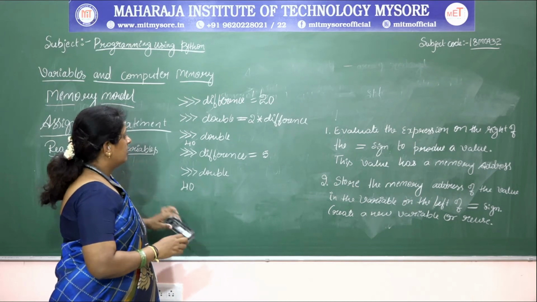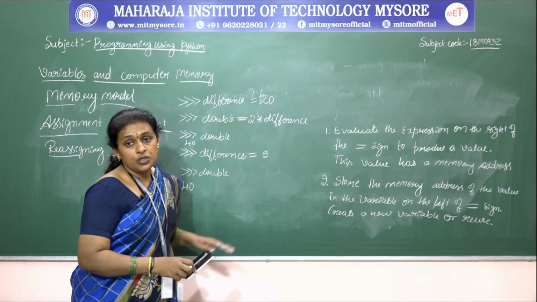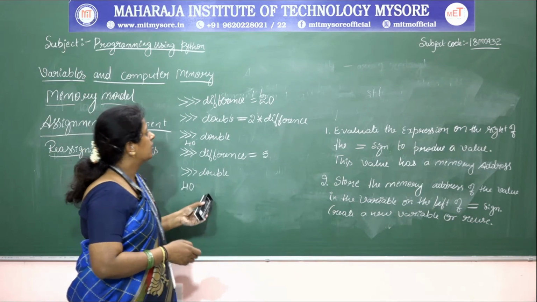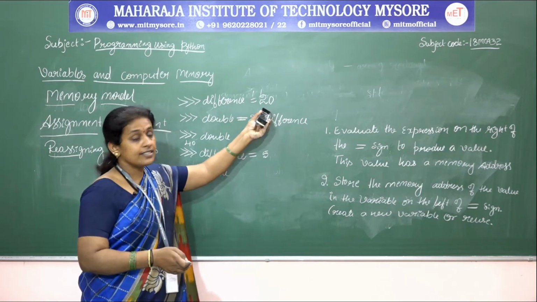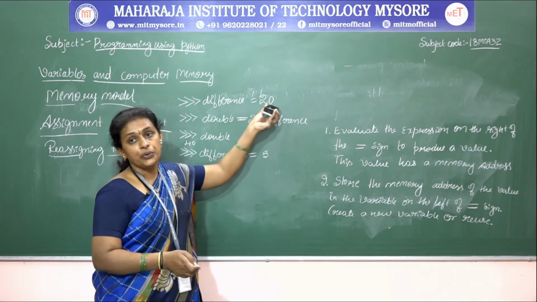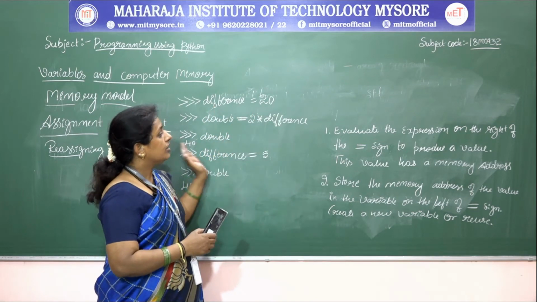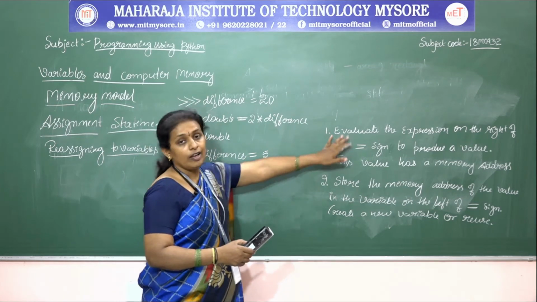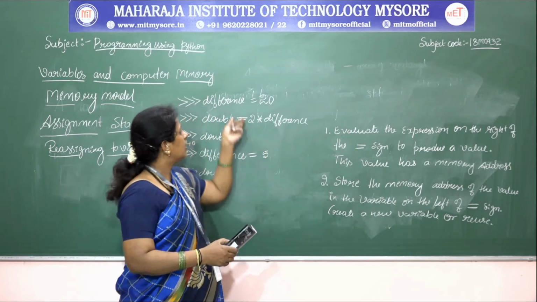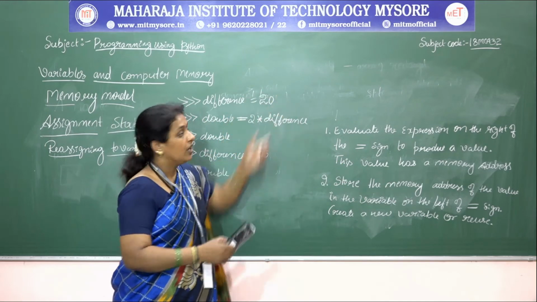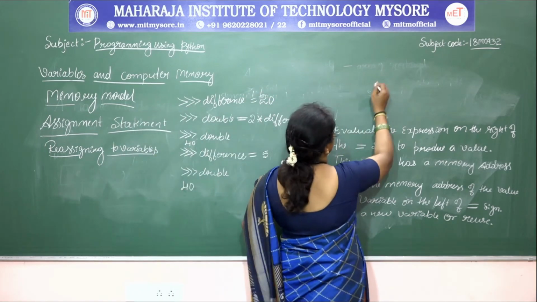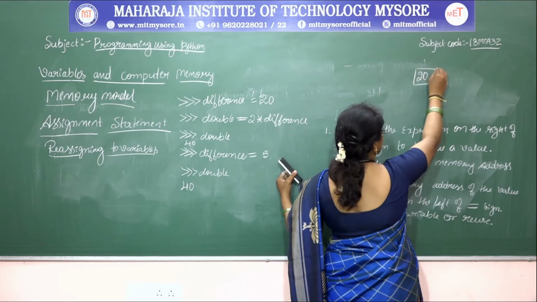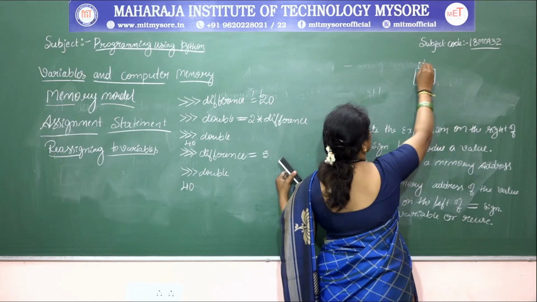Let us execute this code. When I execute the statement difference = 20, I need to go with these two steps. I need to evaluate the expression on the right of the equal sign, so that 20 will be evaluated, and this will have a memory address.